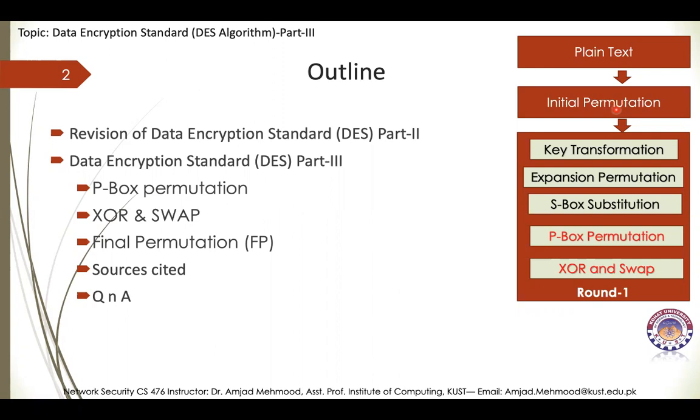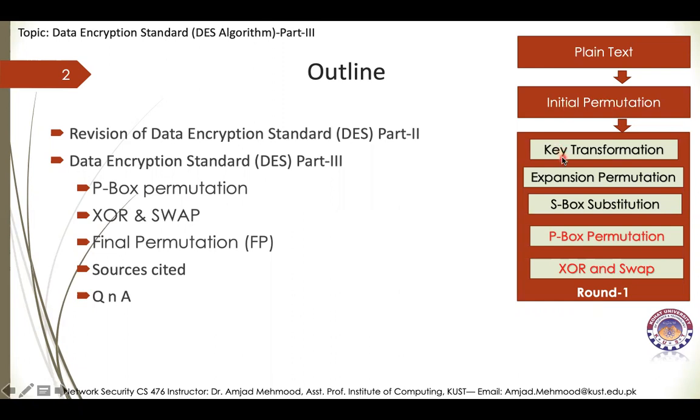So 64 bit plain text were reduced to 56 bit, as the last bit of each byte is used for parity checking, and then it is passed to round 1.